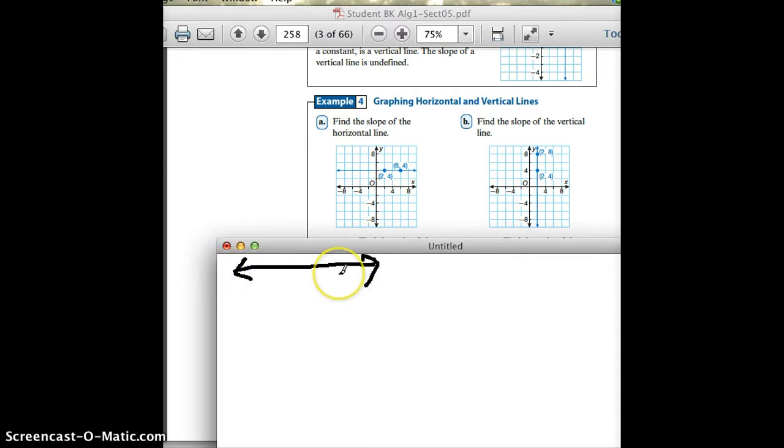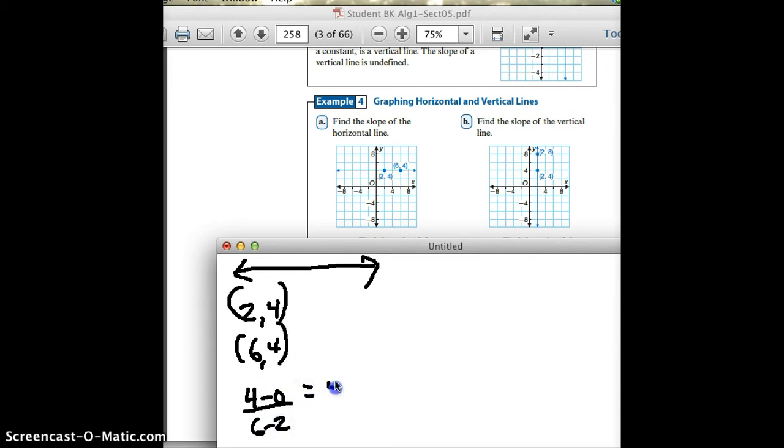The two points are 2, 4, and 6, 4. So we would subtract 4 minus 4, and then 6 minus 2, which is 4. Over 4 minus 4, which is 0. That's a 0 over 4.